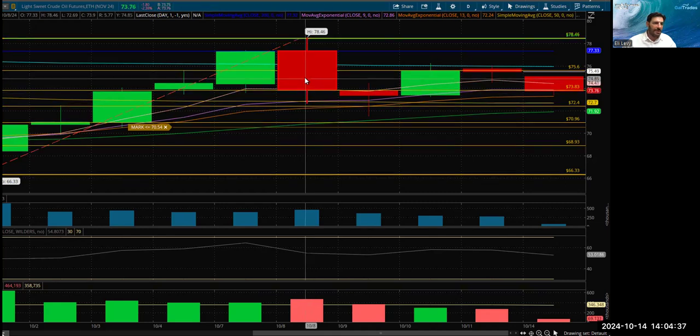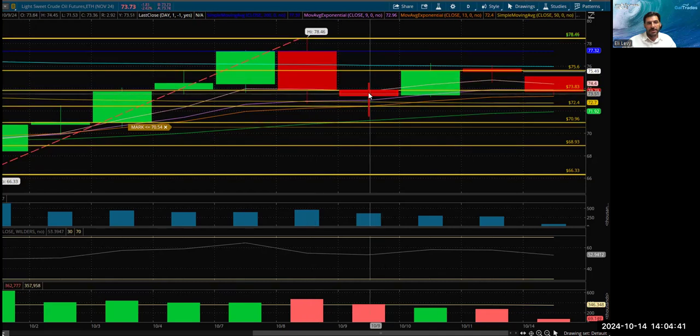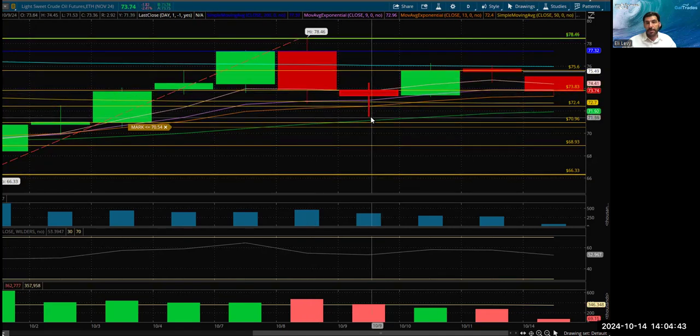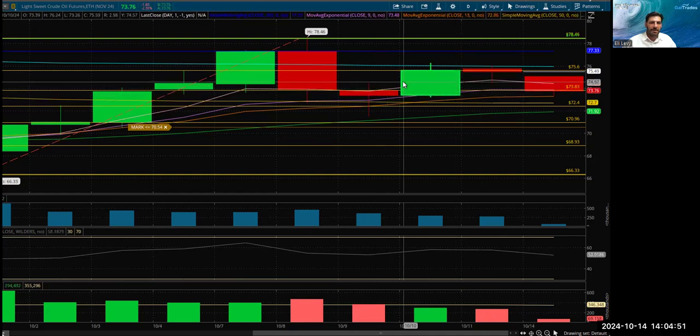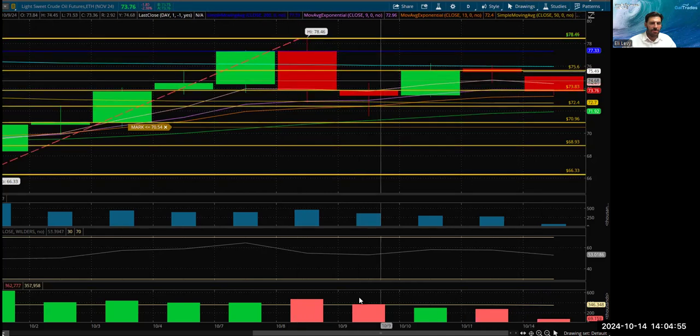I think the close was 73.90. Following day, same thing. They even went below, but they crept back up and closed fairly close to 73.90, and so on. And you can see that it continues to trade within that range itself.